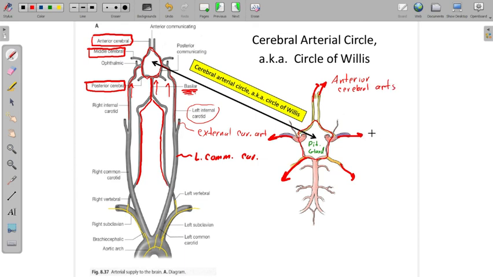And we have the middle cerebral arteries, both sides. And then we have the posterior cerebral arteries.